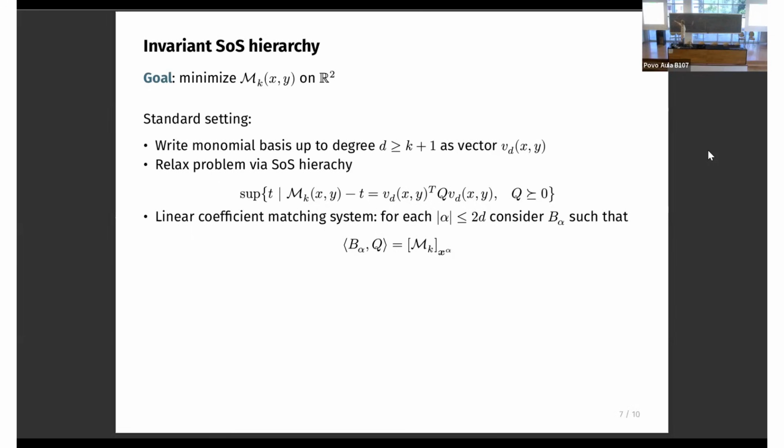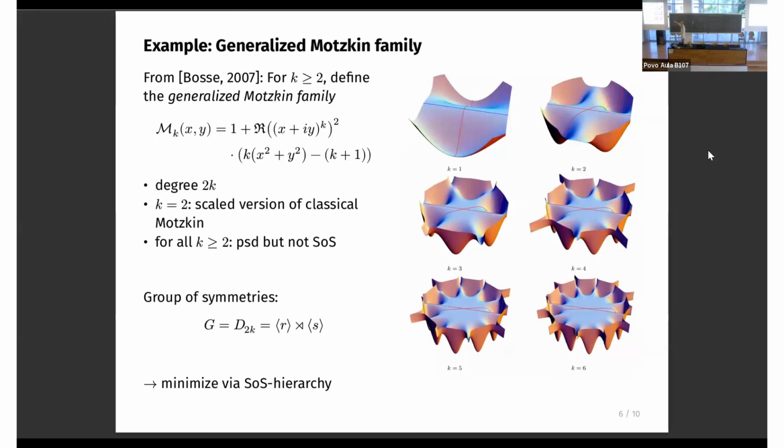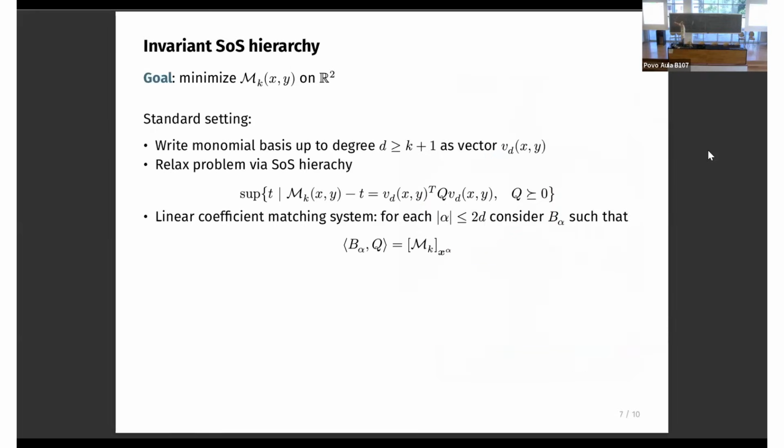We need D to be greater equal K, because of our polynomial. And then the normal SOS relaxation is that instead of minimizing the polynomial, you maximize an offset T, such that the polynomial minus T is non-negative, which is equivalent, but then you relax it by saying that you also want it to be SOS, which is equivalent to having this Q to be a PSD matrix.